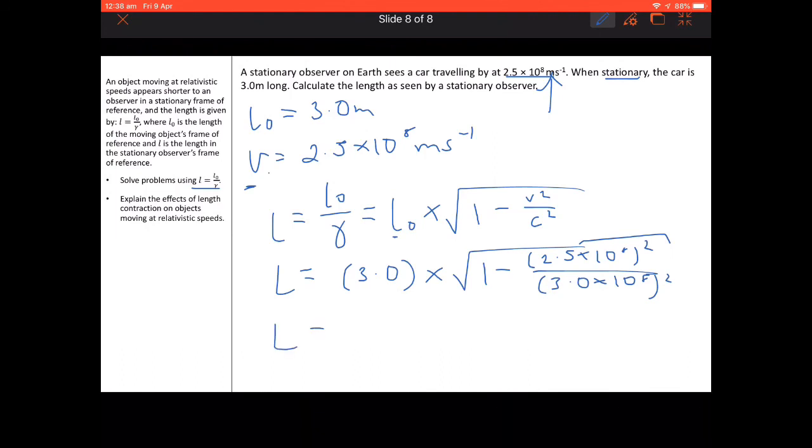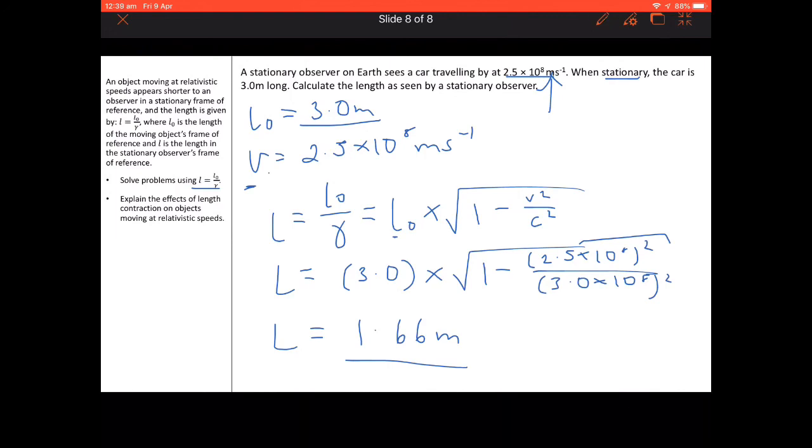This, if you plug it all into a calculator, is going to end up being about 1.66 metres. So you can see that the length in the stationary reference frame is shorter than the length in the moving reference frame. So the length has contracted.